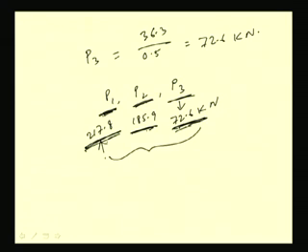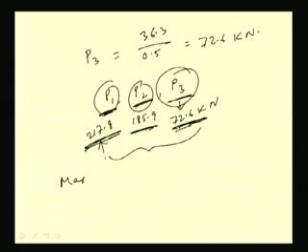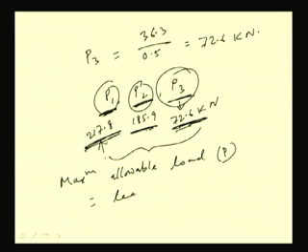That means, if we use 72.6 kilonewton as the permissible load, this can be withstood by the joint between bracket and column as well as the other joints. So, the permissible load, that means the maximum allowable load, is the least of P1, P2, P3, so this is coming 72.6 kilonewton.